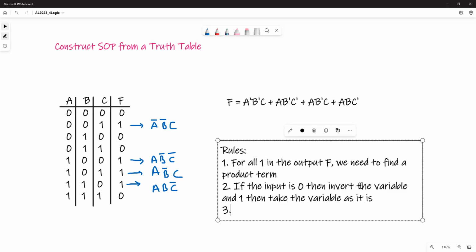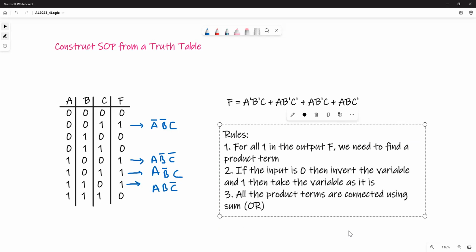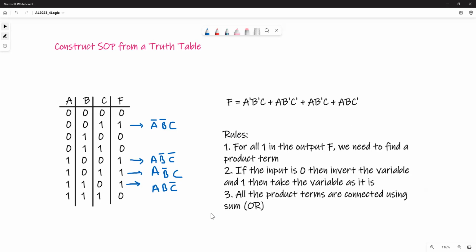Third: all the product terms are connected using sum, which is OR. So these are the rules that we have used to construct SOP from a truth table.